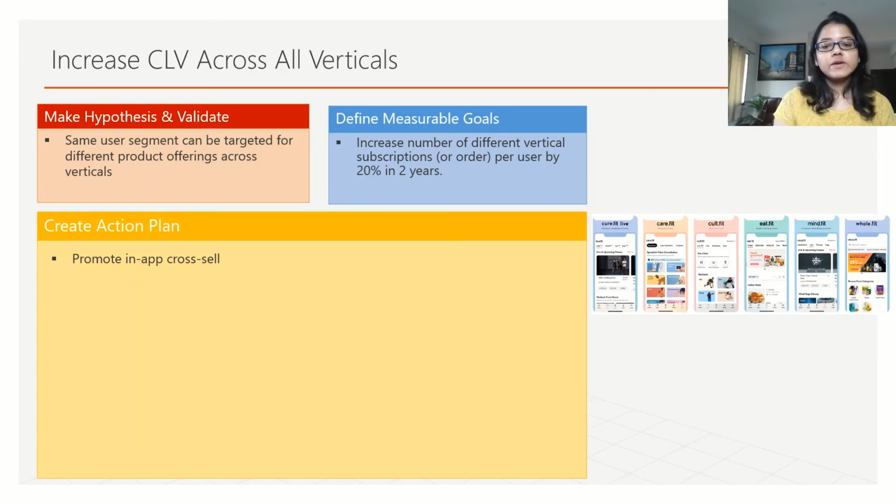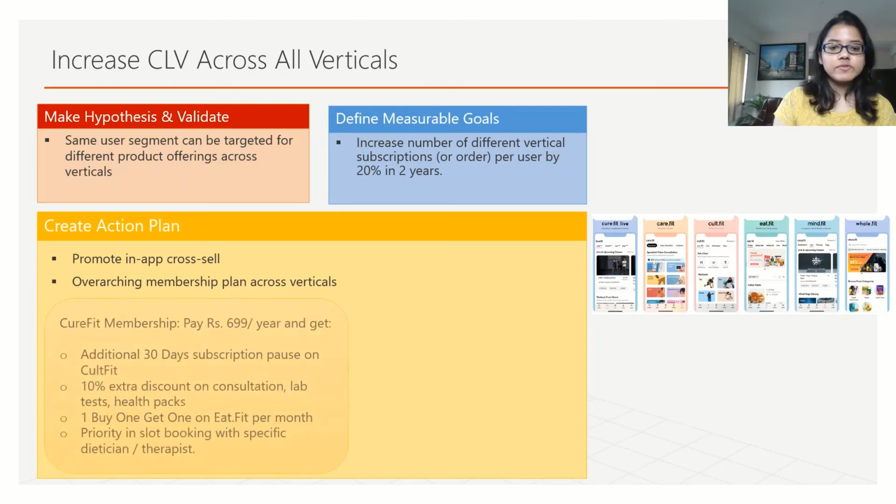And apart from that, what they can also do is to create a membership plan which cuts across different verticals. So this is similar to the proposition of Amazon Prime, which provides benefits across Amazon product. So the example of an overarching membership plan for CureFit can be like this, which is you pay rupees 699 per year and you get certain benefits.